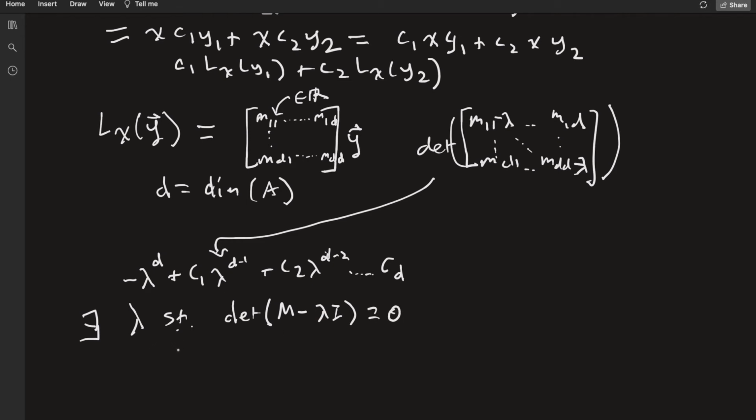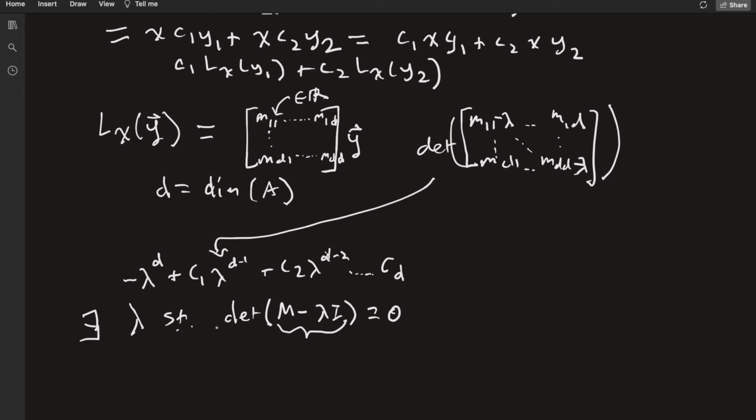Right. So now, because the determinant of this is 0, we know that there has to be at least one set of vectors such that the matrix applied to the vectors is equal to 0, right?